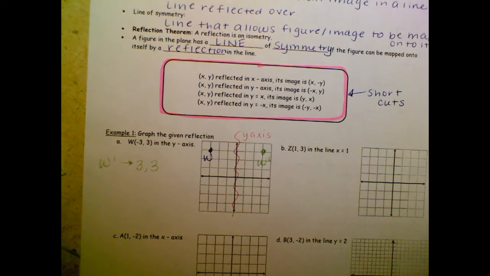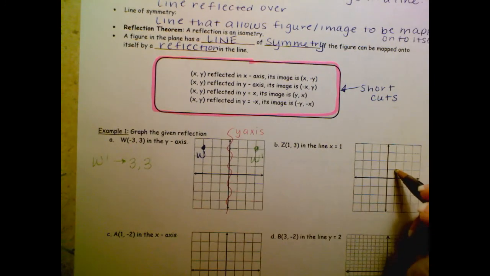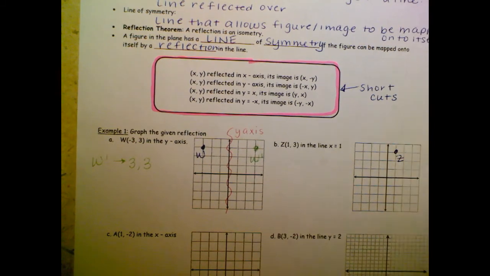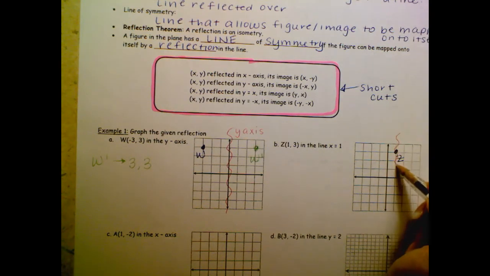Looking at B, I'm going to go ahead and graph 1, 3. So we'll go over 1, up 3. This is point Z. It is reflecting over the line x equals 1. So here's x equals 1. Here's the line.